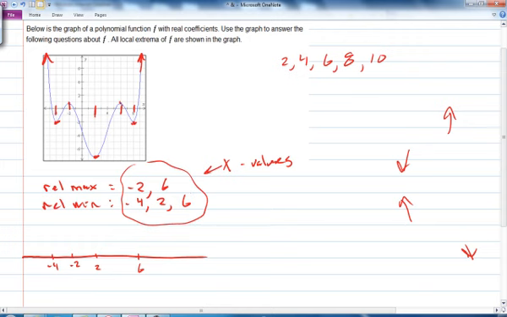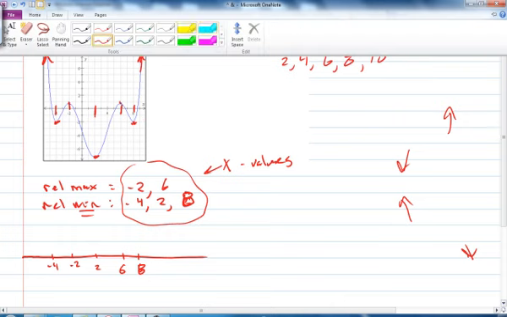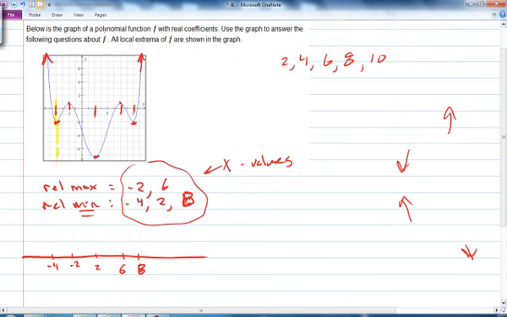That would be 8 for that relative minimum right there. So there's 6 for the maximum, and I'll back up and line those up better. That would be 6, that would be 8. I'm trying to line up with these locations right here.